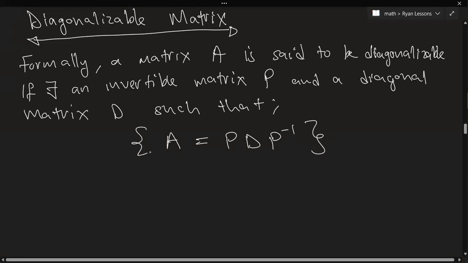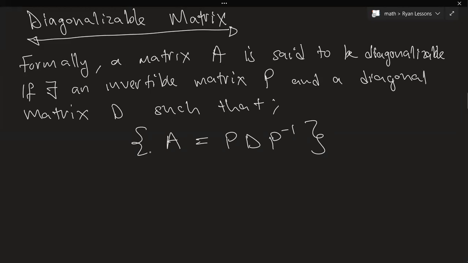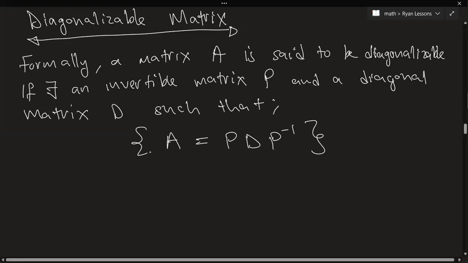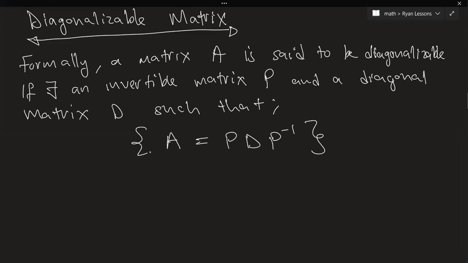That's the formal definition that we have most of the time when we start talking about diagonalizable matrices. All these are square matrices anyway.